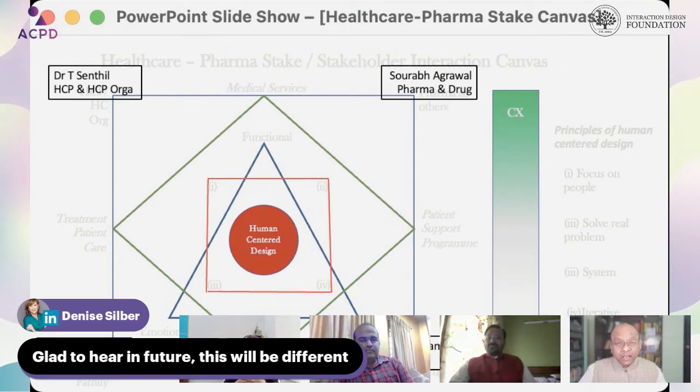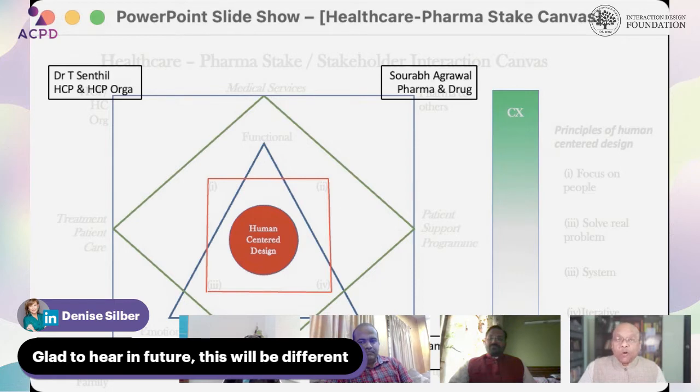We have Dr. Senthil, who is not only an ophthalmologist, but he himself leads a movement among the ophthalmologists in India, helping them improve the patient experience and improve the ophthalmic practice, medical practice. I was at his forum in 2019. He did a 2-day big conference, and he invited me as a speaker on patient experience. So he is a leader himself, more than a doctor. He understands the needs of the patient as well as the needs of the healthcare professionals.